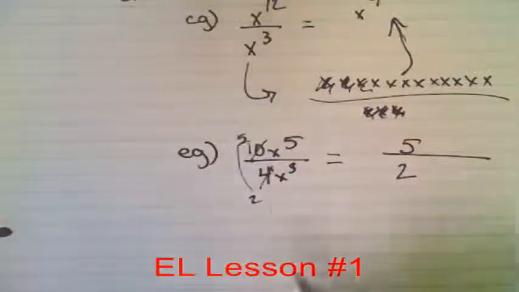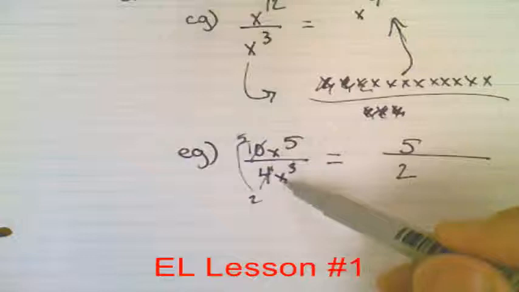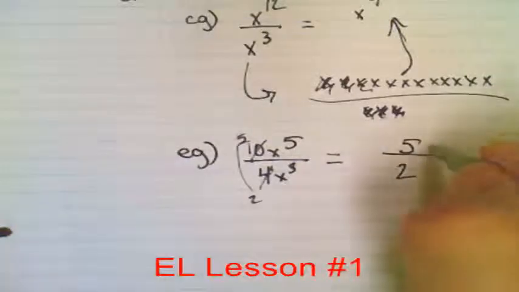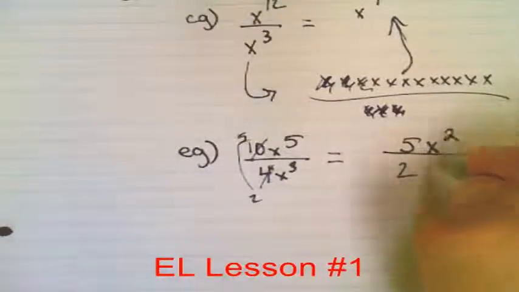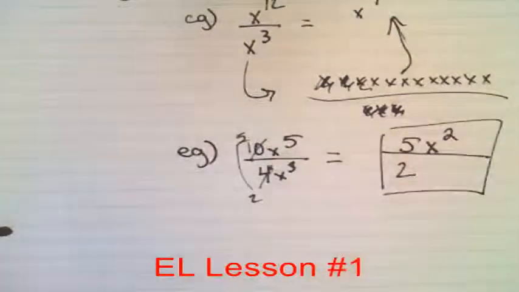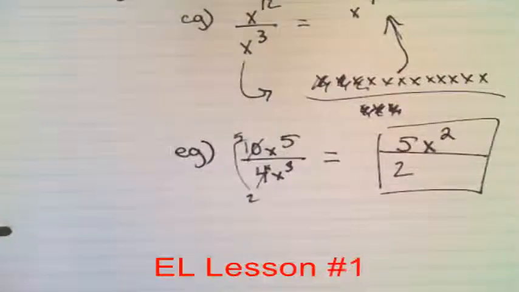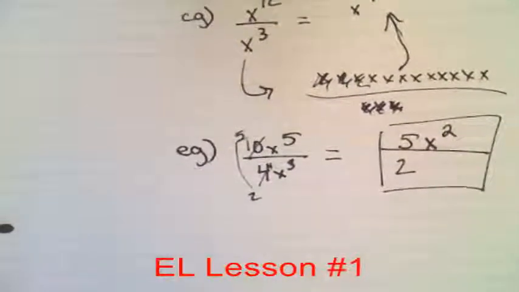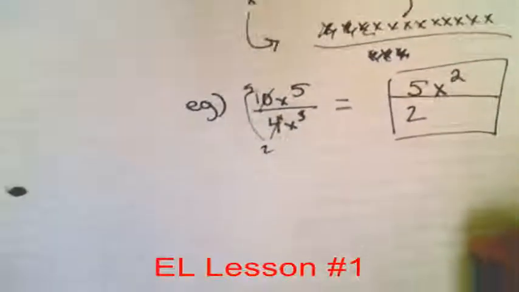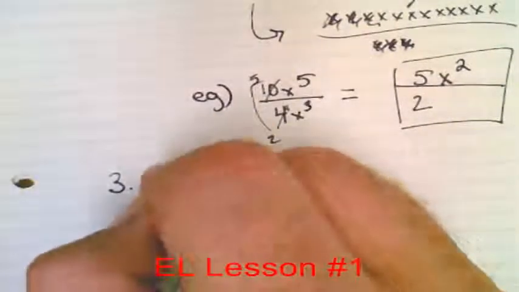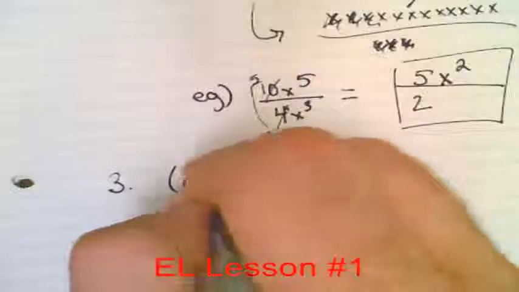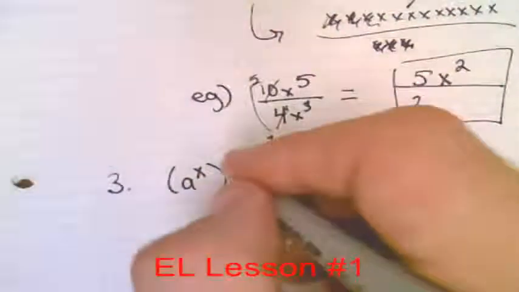I can divide both by 2, so I'm going to get 5 in the top and 2 in the bottom. Okay, so that's done. That's done the same way. There was x to the 5th in the top. There was x cubed in the bottom. In the numerator, I can leave it, keep the base the same. 5 minus 3 is 2, so I will get 5x squared over 2, and that's just what it works out to be.